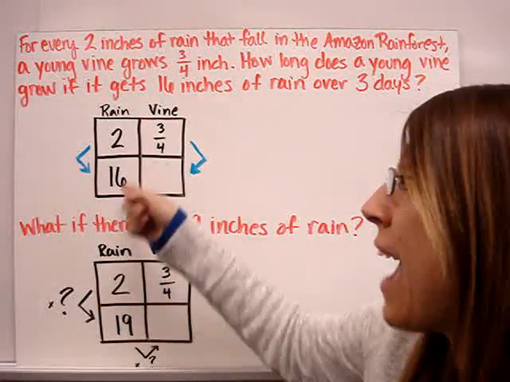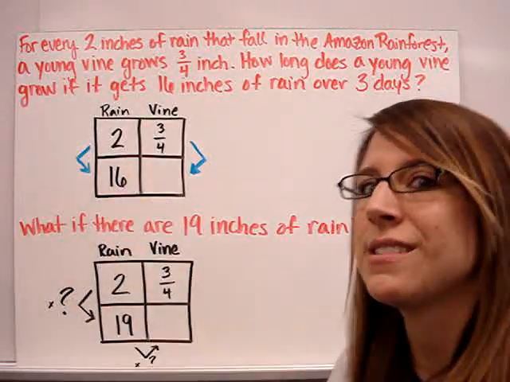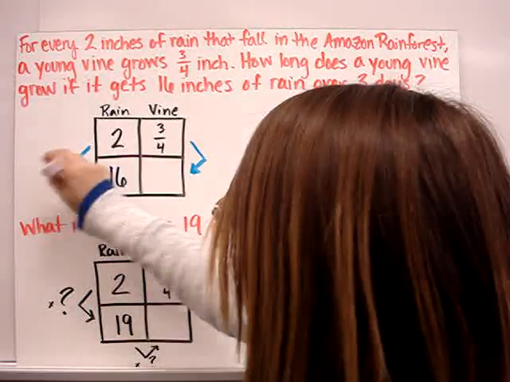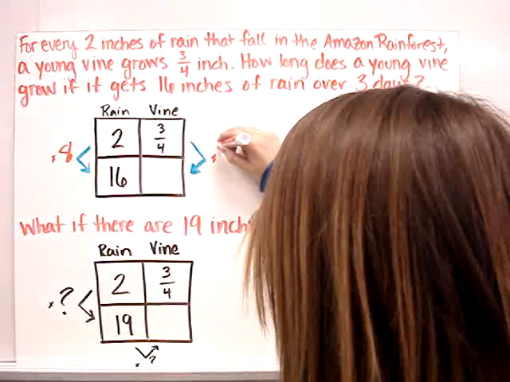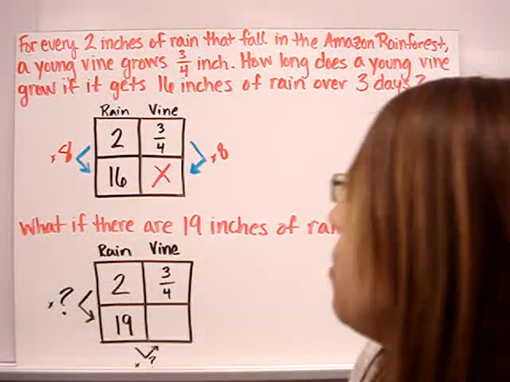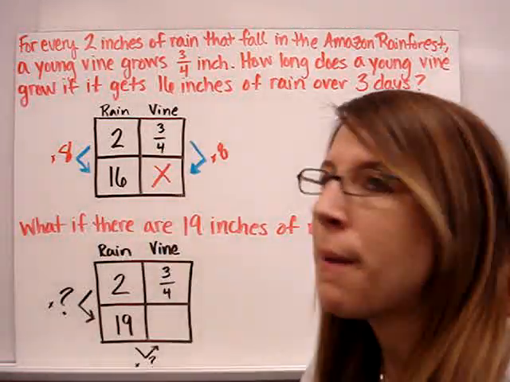So the first one that I notice, and the first one I think you would notice, is how do I get from 2 to 16? Well, that's a times 8 relationship, right? So that's what I would label on my ratio box, times 8. So if I'm looking for this value here, 3/4 times 8 is going to give me that amount.